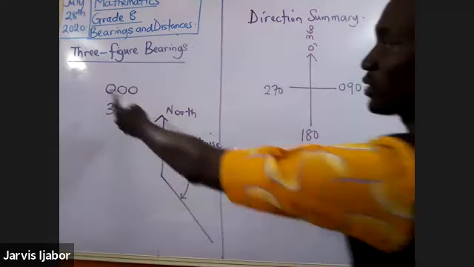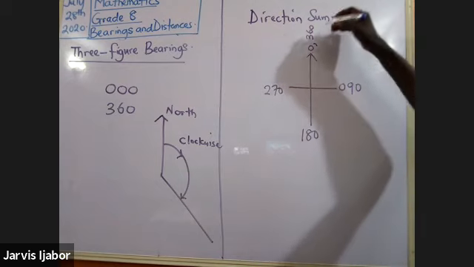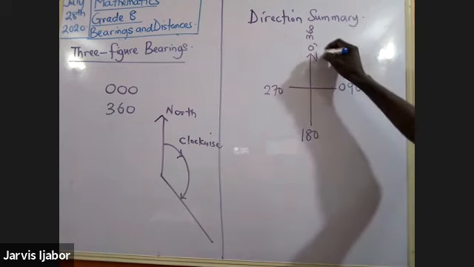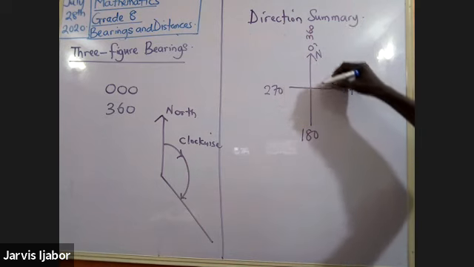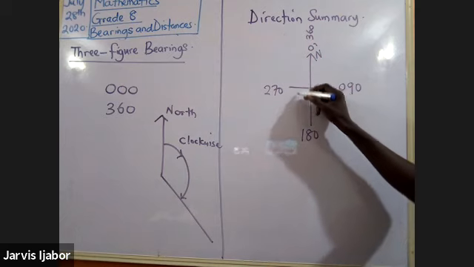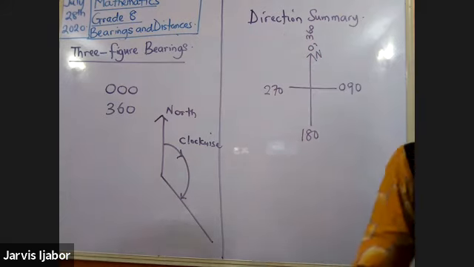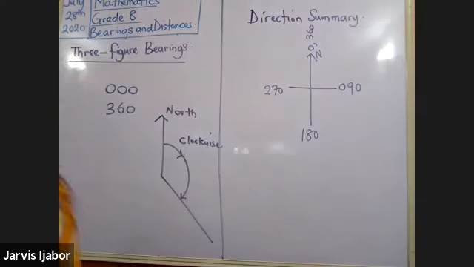Technically, it's actually 0. You get that? So we measure with reference to the north. This is the northern position. You measure to be 90, then 180, then 270, and then back to 360. So let's see how that plays out in practical questions.